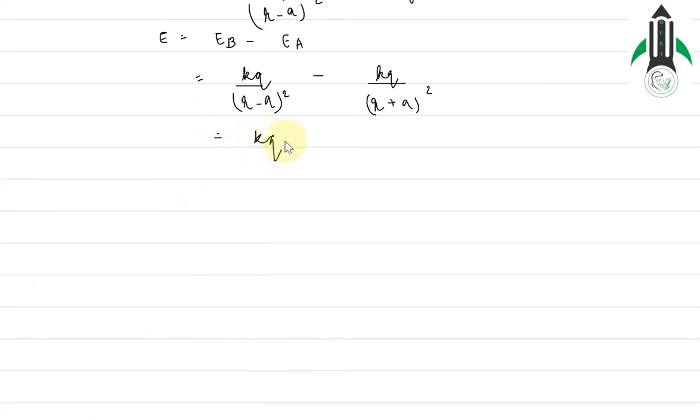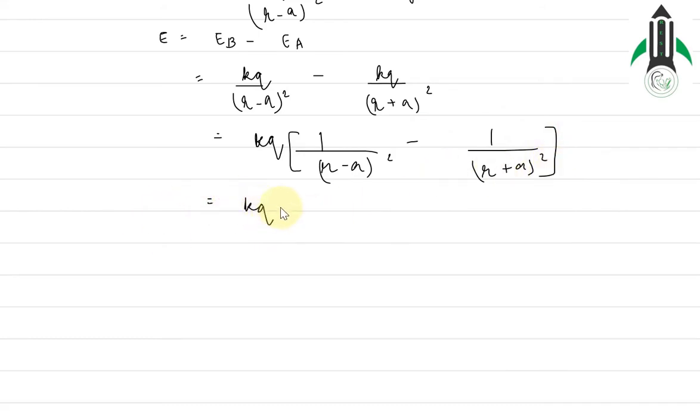Taking kq common, we get 1 upon (r minus a) square minus 1 upon (r plus a) square.